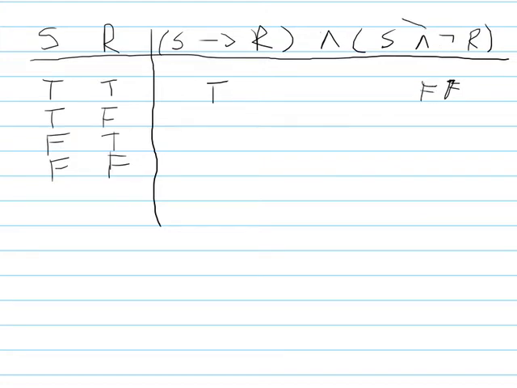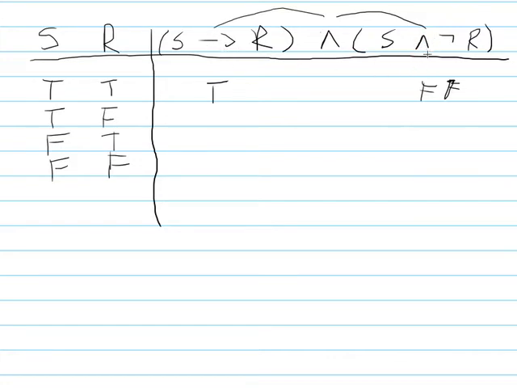And then again, the main connective of this entire sentence is a conjunction. And in order to determine its truth value on a row, we have to compare the truth values for the complex conjuncts. So we have to compare the truth value we have under the conditional here and under the conjunction here.